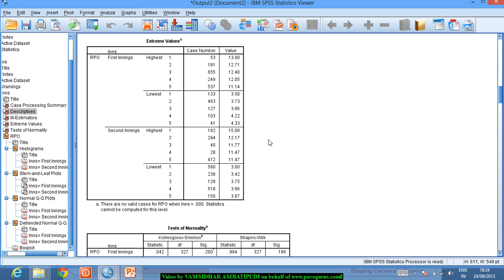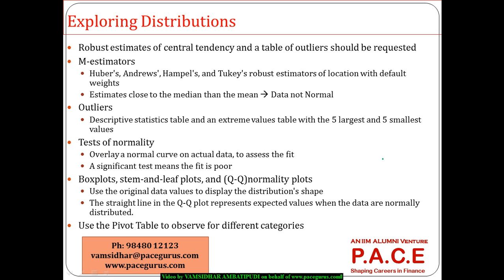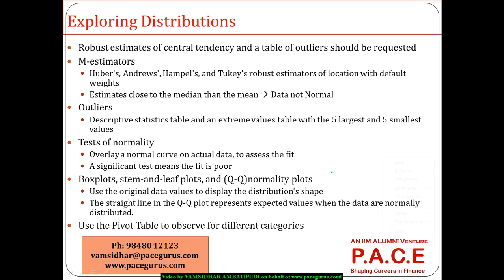The next one is the real test for us. The real test is the test of normality. Let's go back to our slide and try to understand what it is. This is the overlay of a normal curve on the actual data.